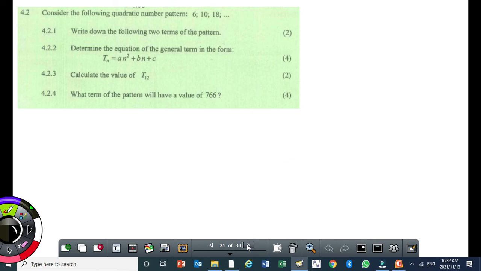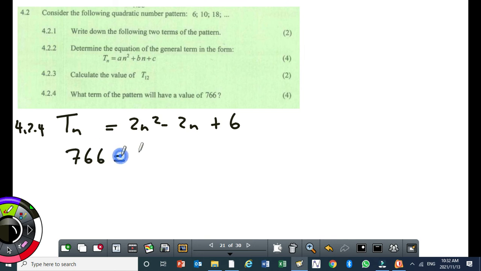Right? So, for this one now, we write our general term. Tn equal to 2n squared minus 2n plus 6. So where there's Tn, we put 766 there. Right? So 766 is equal to 2n squared minus 2n plus 6. By the way, you get a mark for substituting that 766.